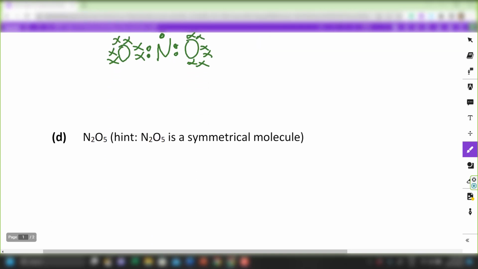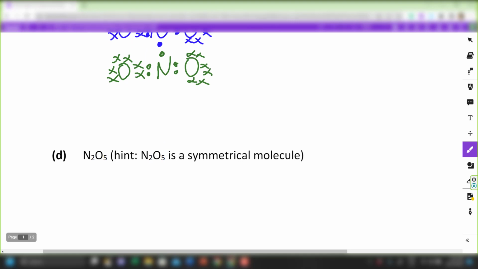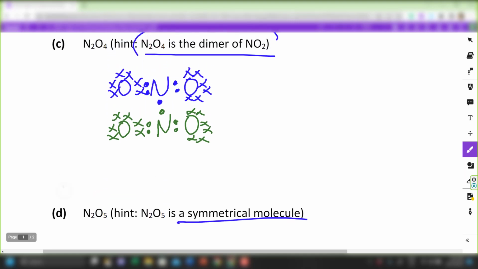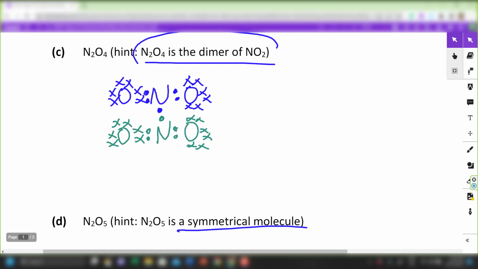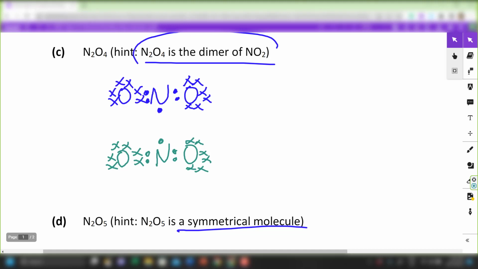N2O5 is even sort of easier because they mentioned that it is a symmetrical molecule. So if you look at N2O4, where can I insert an oxygen so that I can make the structure symmetrical? If you look at it, you probably want to insert the oxygen somewhere here.